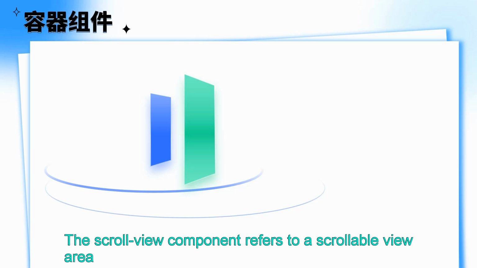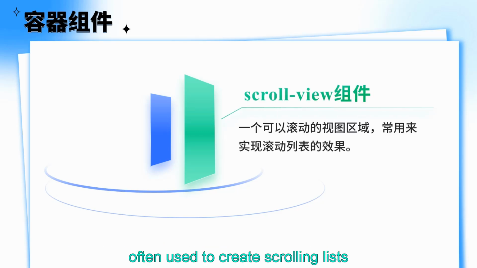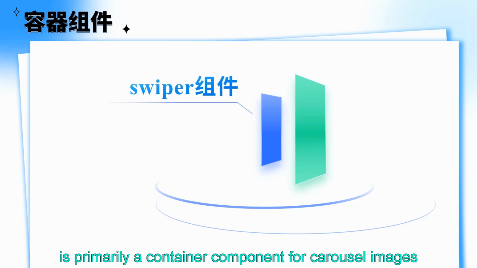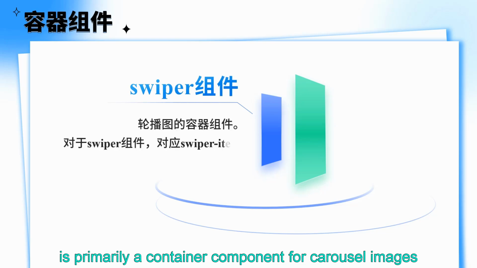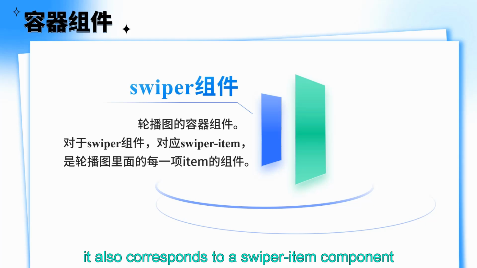The scroll view component refers to a scrollable view area, often used to create scrolling lists. The swiper component is primarily a container component for carousel images. For the swiper component, it also corresponds to a swiper item component, which represents each item inside the carousel.